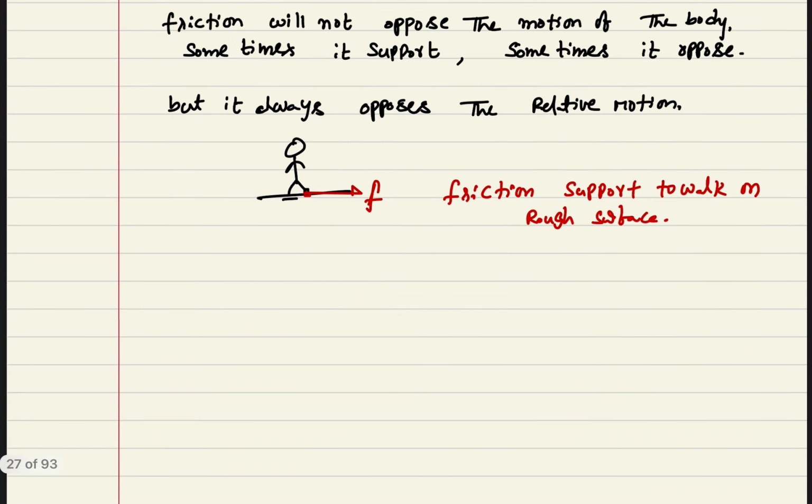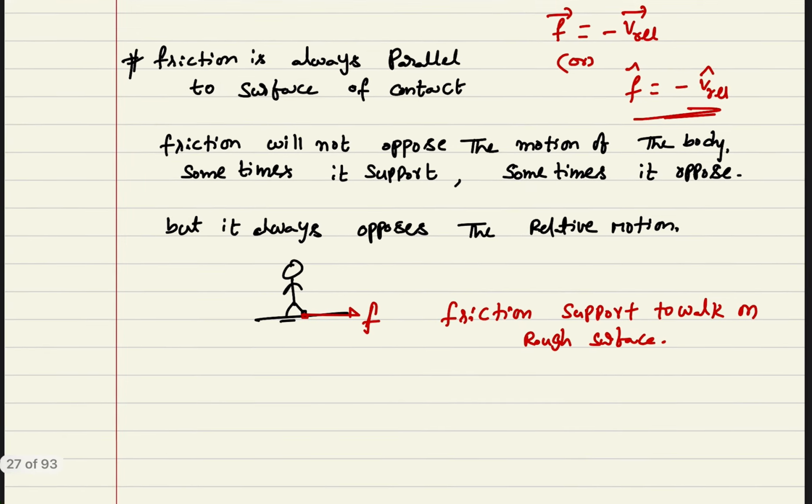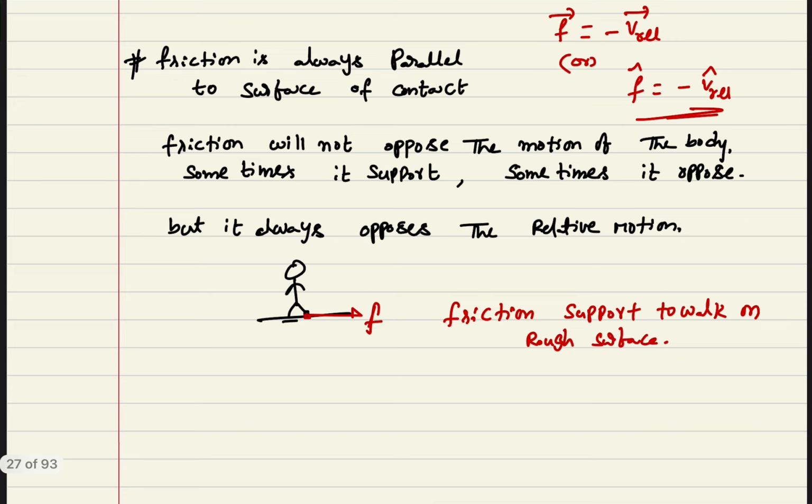Understand that? If there is an oily surface, you will slip. Understand that? Now you can see friction will not oppose the motion of the body, or of any moving body on the surface. Okay.